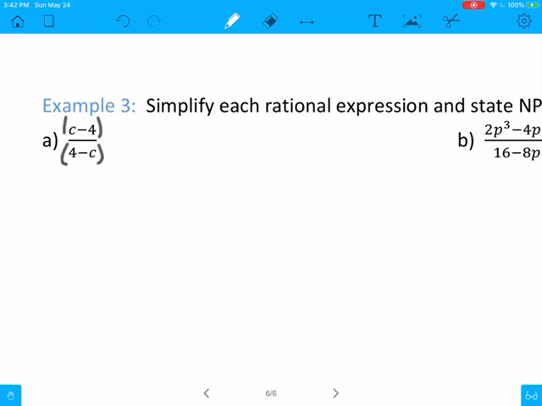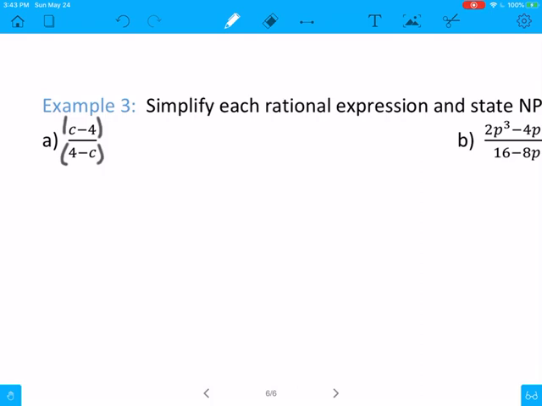But if I took a negative 1 out of either of them, it would change the signs in the brackets and they would match. So if you get a factor that matches in the numerator and denominator with the sign and the number and the variable, but the signs are opposite, you can make them the same by taking negative 1 out of one of them.